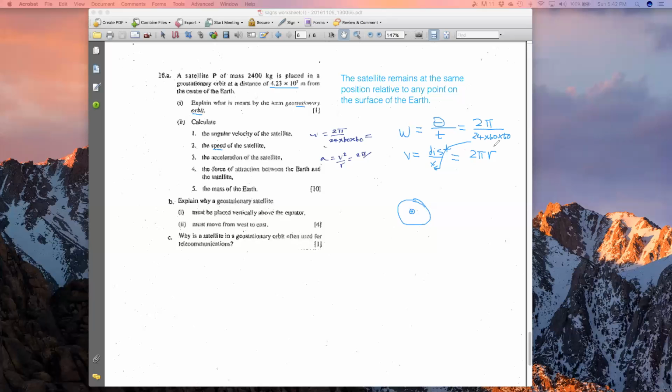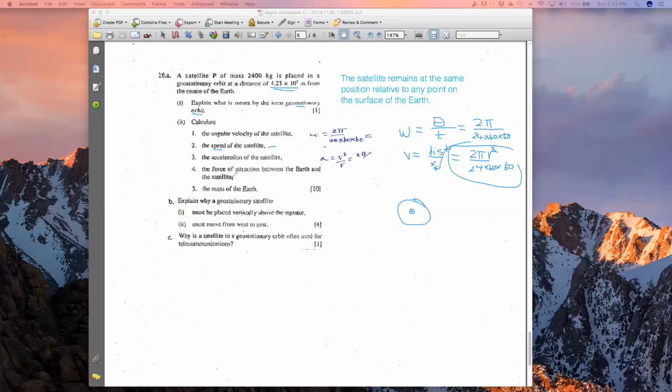So you could choose your value for r, and that will give you, divide this, of course, by the 24 by 60 by 60. And that gives you the speed of the satellite. The acceleration, again, because we've just found the speed, it's just v squared over r, and r is whatever you use for that.